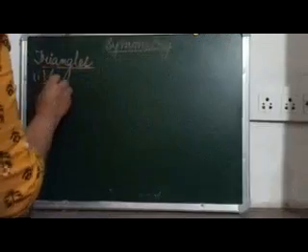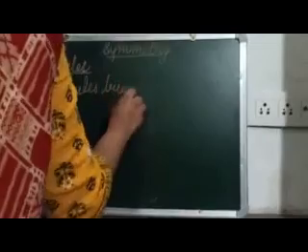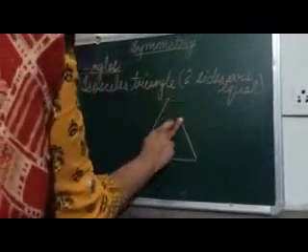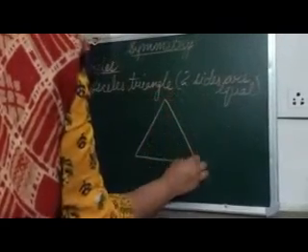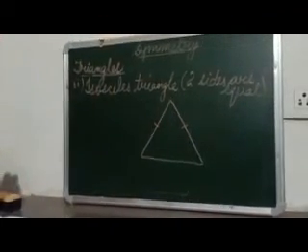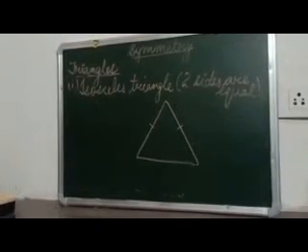Coming to next, we have the isosceles triangle. In an isosceles triangle we know that two sides are equal. Suppose I take an isosceles triangle, and this and this side are equal, and we have to divide this figure into two equal parts. So how can we do that?